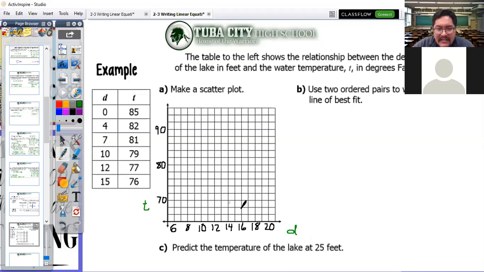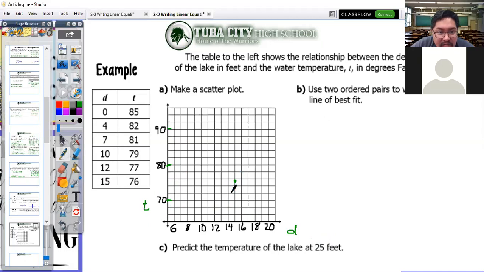So 15 to 76. Okay, wait, hold on. Each of these are about 5. So 15 would be right here, and that would be 76. So it's a little bit above there.